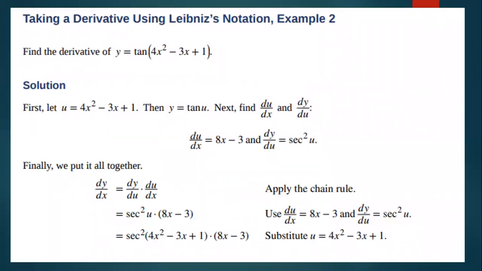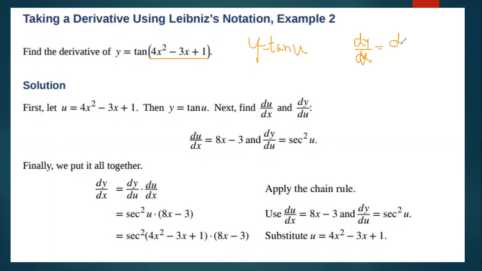There is another one, that is y equals to tangent of 4x square minus 3x plus 1. So how to solve it? As this is u, तो मेरे पास क्या बन जाएगा, y equals to tan u. इसी तरह dy upon dx किसके बराबर होगा?